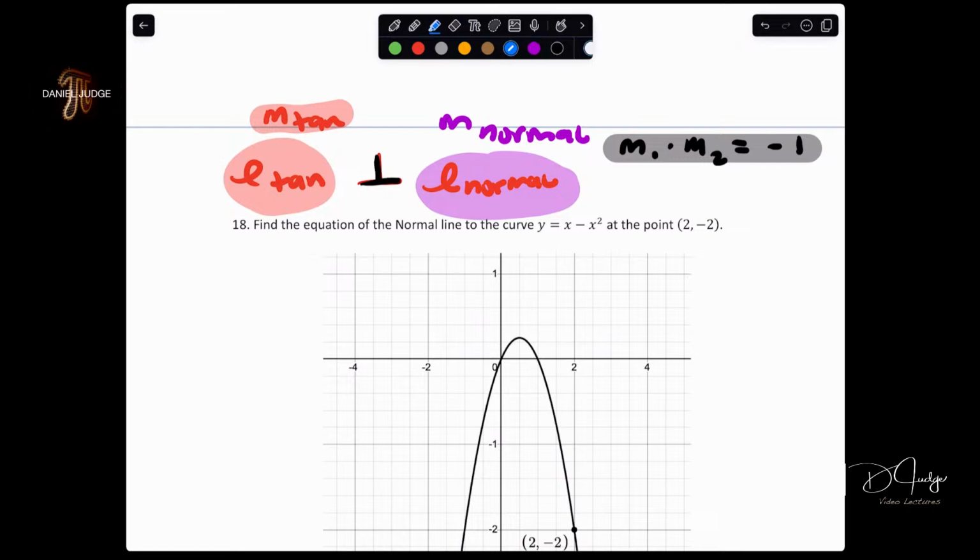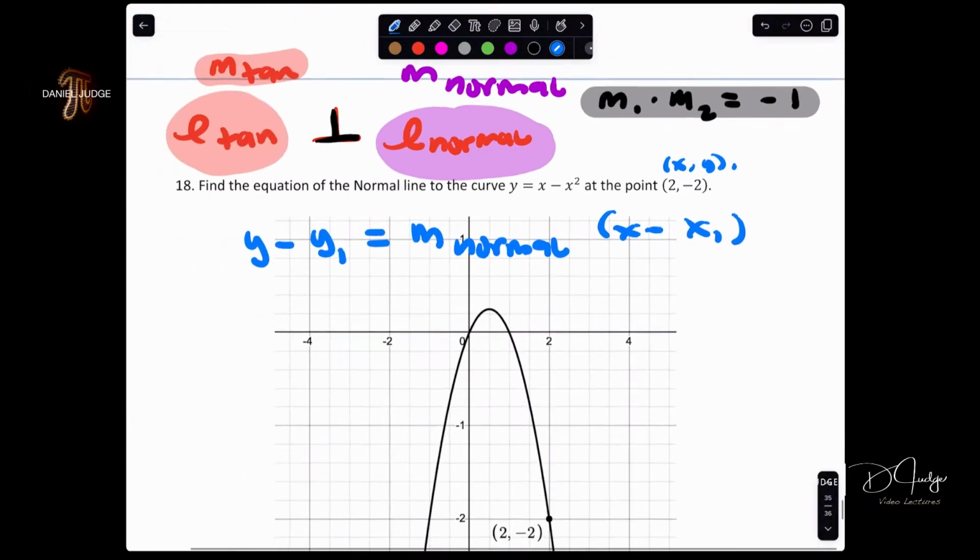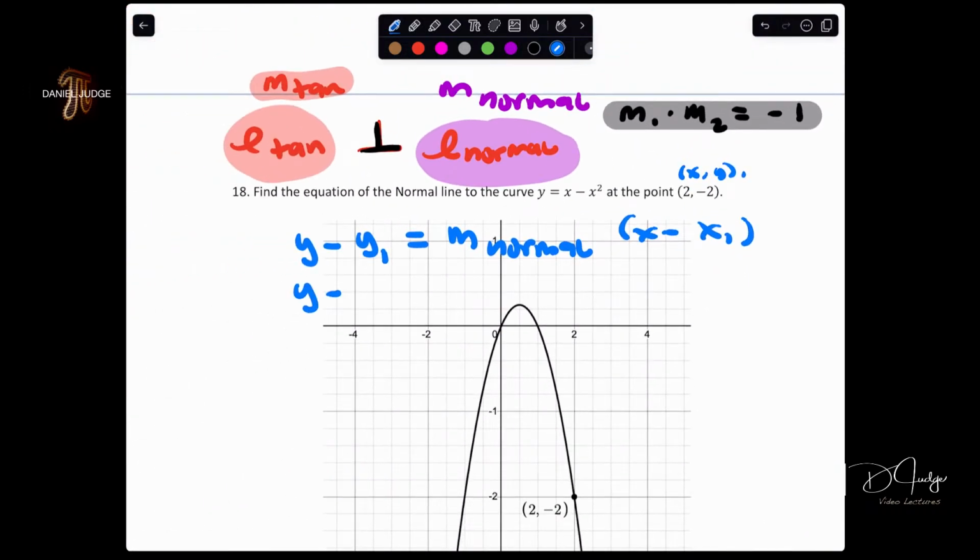So the equation of the normal line will be what we have here. Y minus y1 is m normal times x minus x1. And it's at the point 2, -2. So this is the x and y coordinate. Okay, the one and only point, 2, -2. So say y minus -2 is m normal times x minus 2.